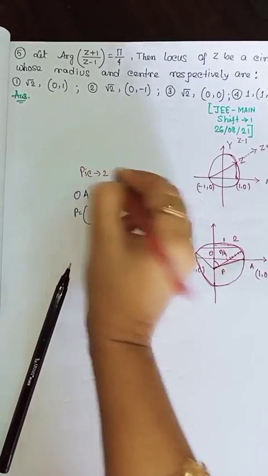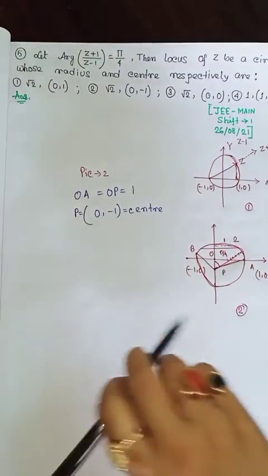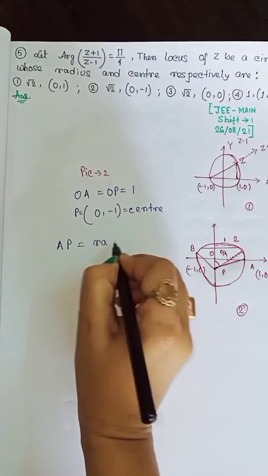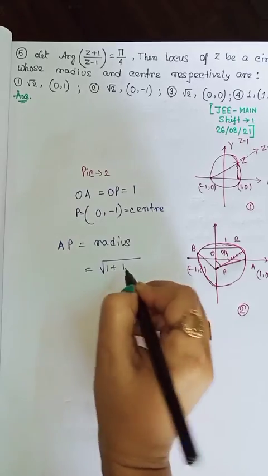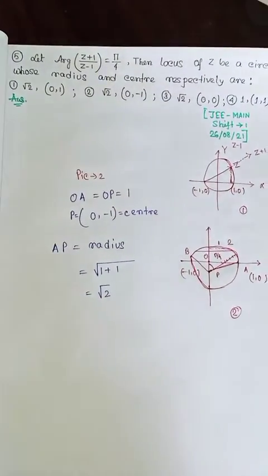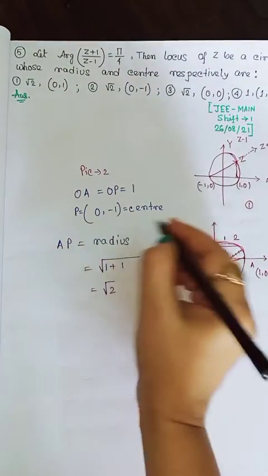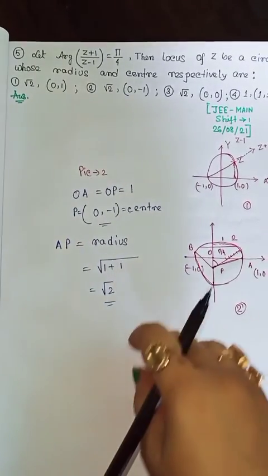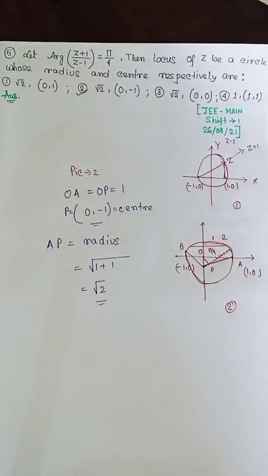Now AP is equal to the radius, which is root of 1 plus 1, that is equal to root 2. The question asks for the radius and the center. So the center is equal to 0, 1 and the radius is equal to root 2. So our right option is option 2. This is the whole solution of question 5.